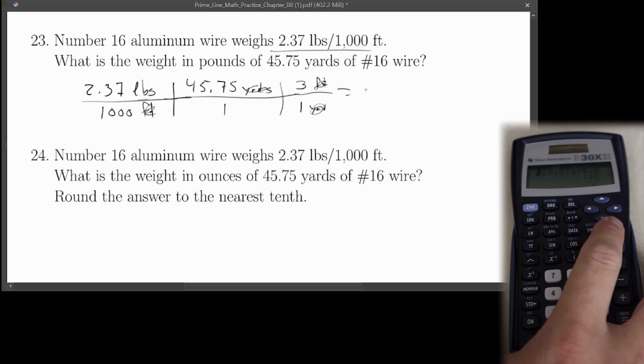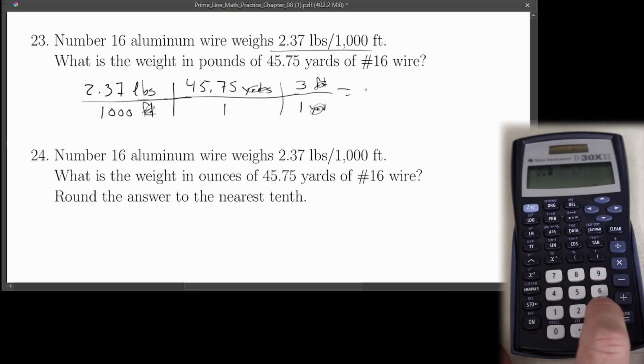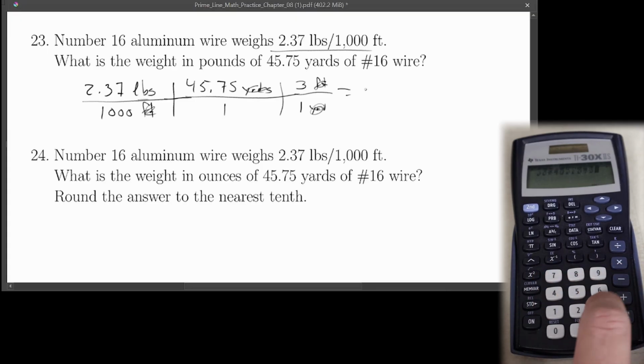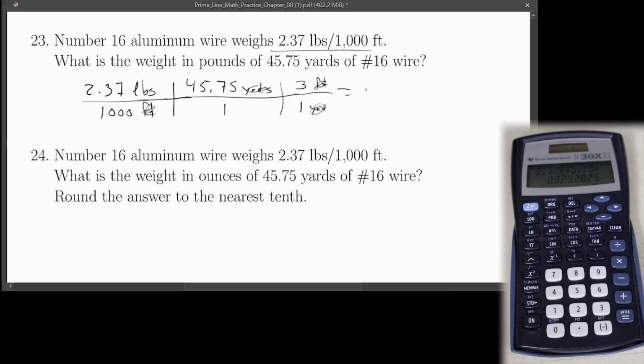So for our calculation, we can take 2.37 times 45.75 times 3 divided by 1,000. And we get a value of 0.3252825 pounds. In this case, it's not telling us to round at all, so we're going to use the full precision on our calculator.